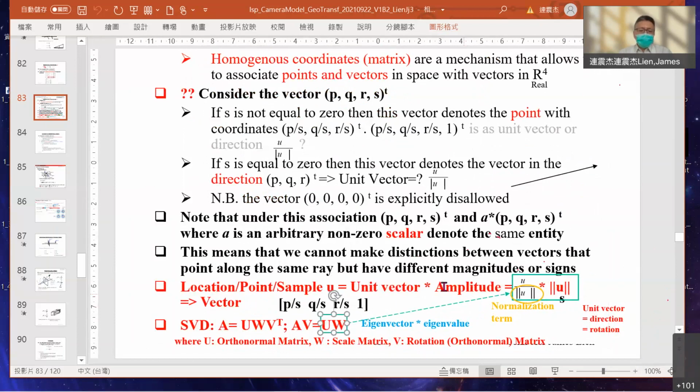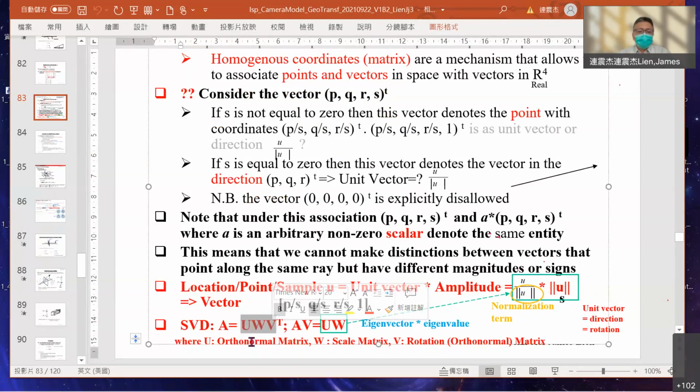Based on this, we also mentioned a little bit about singular value decomposition, SVD, because SVD can factorize, or decompose, any matrix into three parts: eigenvector, eigenvalue, and rotation matrix.